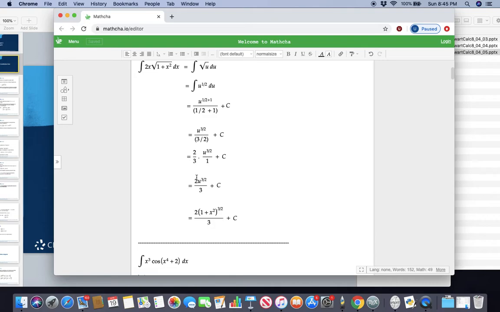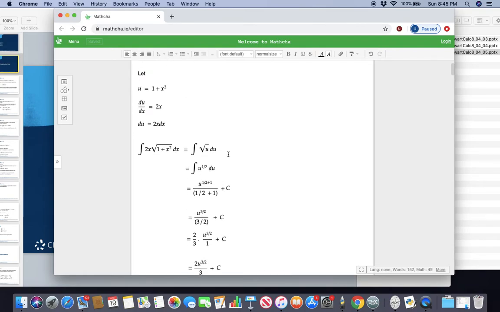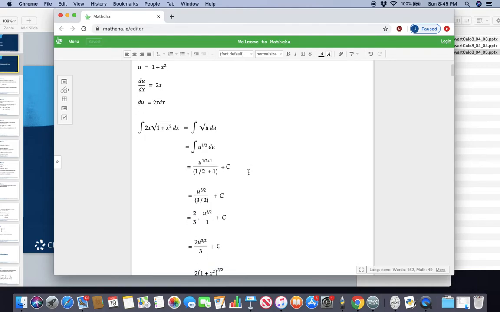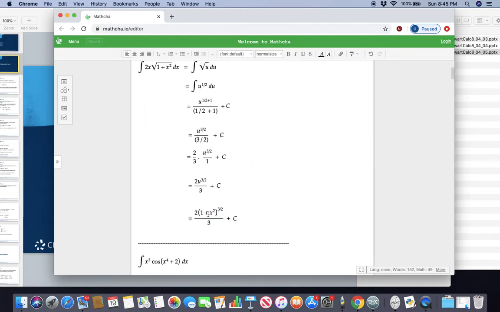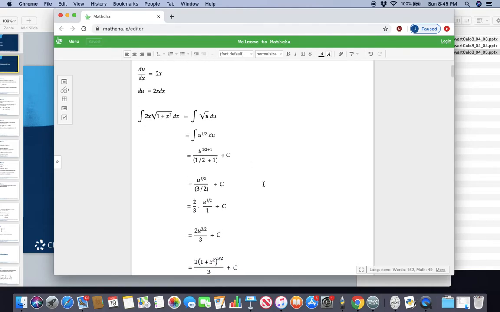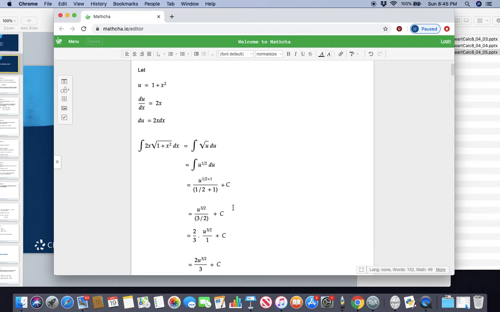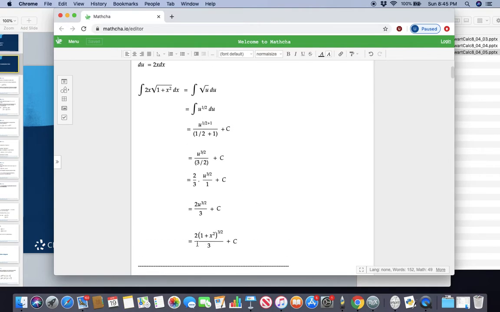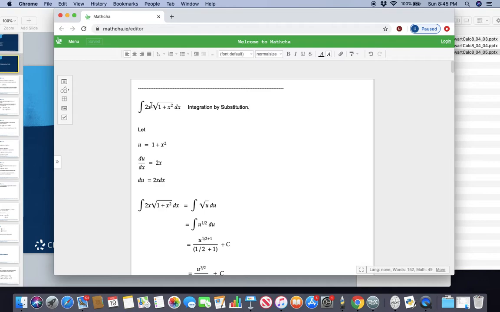So that gives me 2u to the power 3 halves over 3 plus c. But my question was in terms of x, so my answer should be back in terms of x. Where is u? u is 1 plus x squared. So resubstitute back and you're done. That is your integration. It's much easier than trying to figure out some product rule, etc.